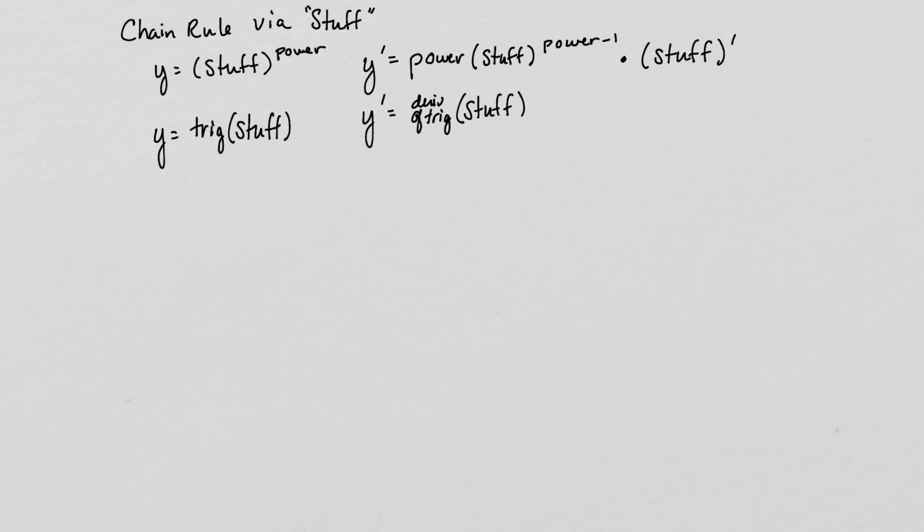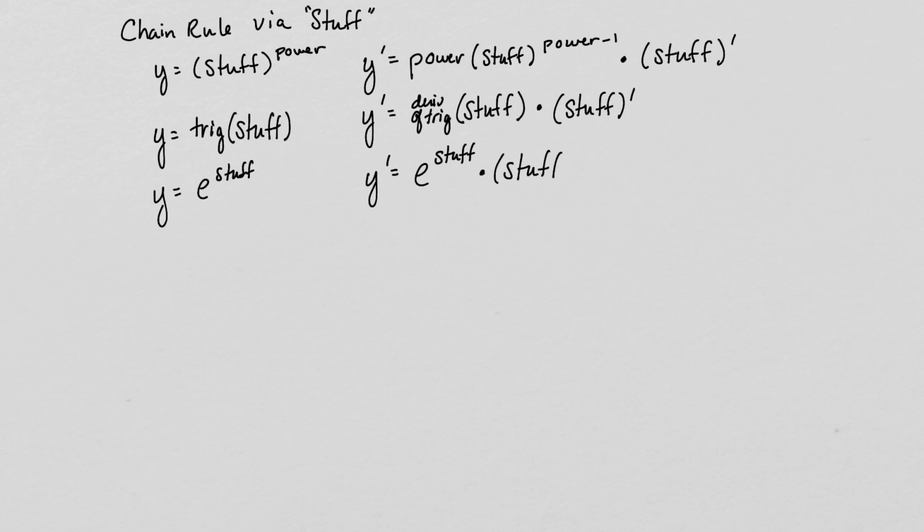So the argument of the trig function stays the same. And then again, we multiply times the derivative of the stuff. And you could have e to a bunch of stuff. So y prime is going to be e to the stuff, again, times the derivative of the stuff.